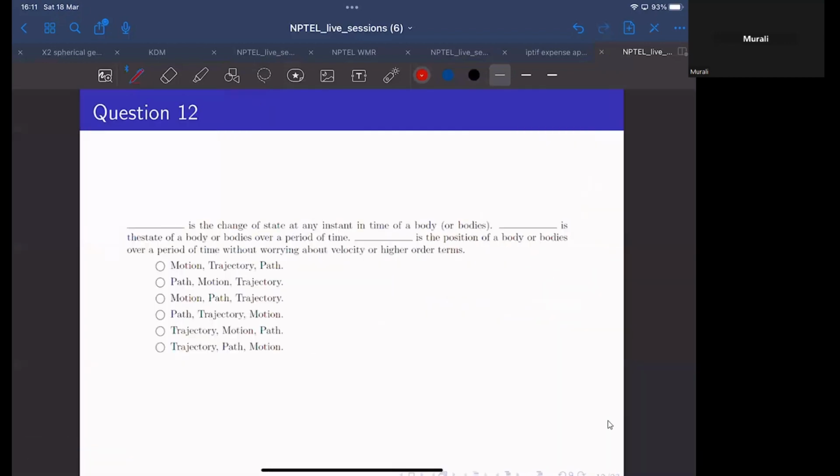And moving on to question 12. It says something is the change of state at any instant of time of a body. It only states the change of state. So statement 1 says it's only about change of state.